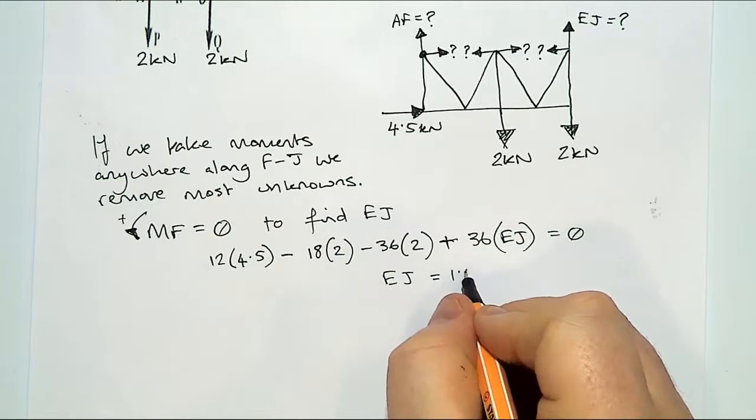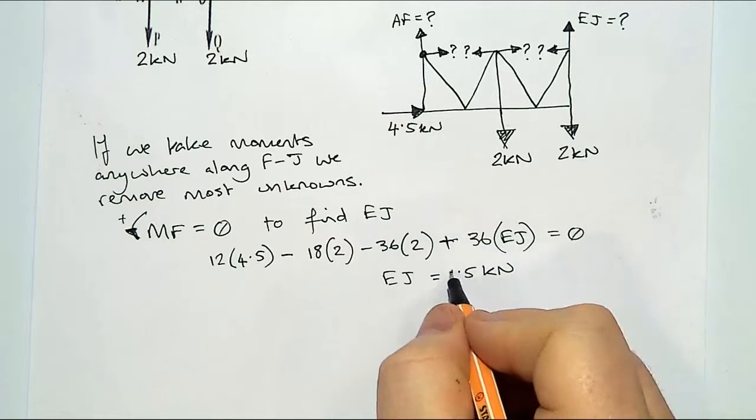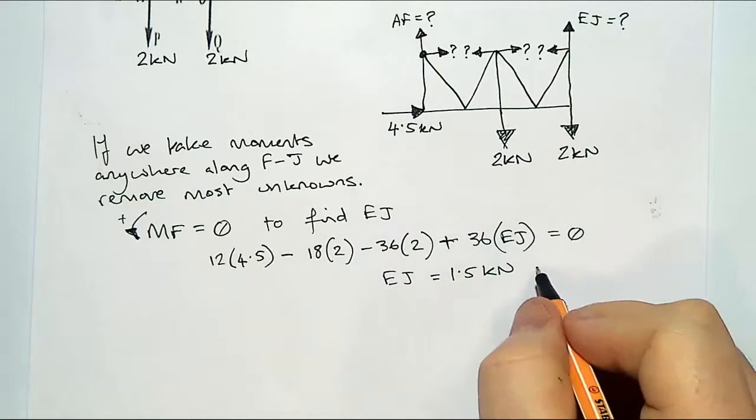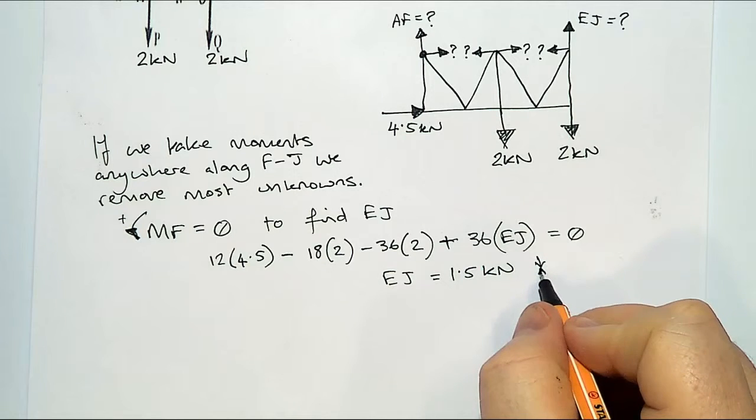AJ is 1.5 kilonewtons. They're both pointing inwards. It's tension.